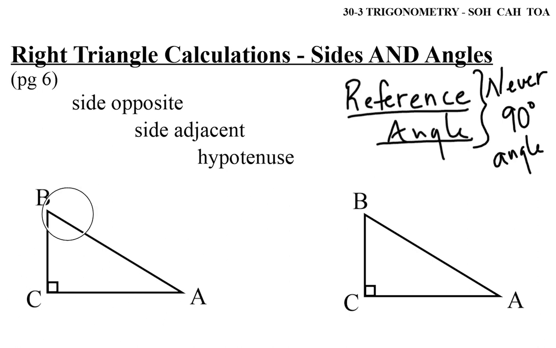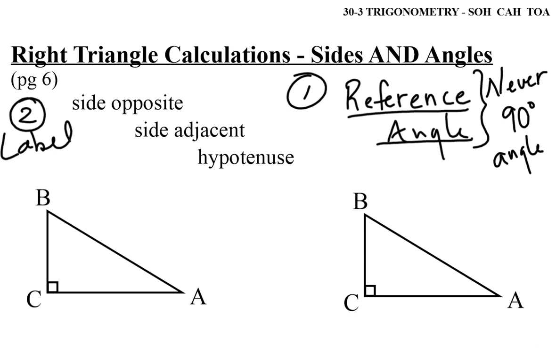So that's the first thing. We always need a reference angle. That's step one for every question that involves right triangles. The second step is we need to label the sides. And to label the sides, we have side opposite, side adjacent, and the hypotenuse.